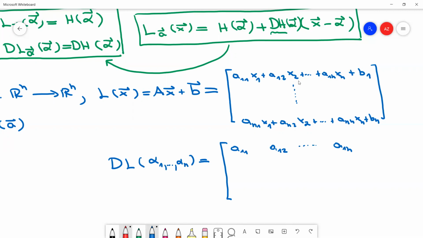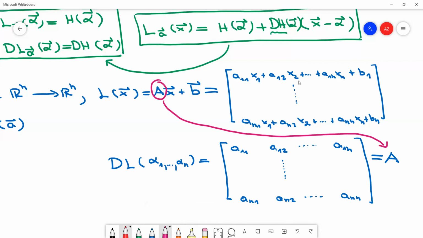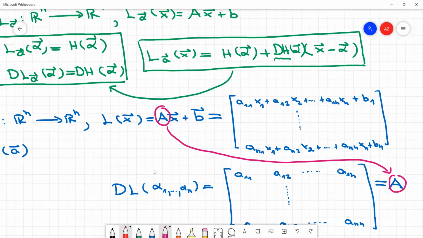You see the same pattern for all rows: an1 in the first column, an2 in the second column, and so on, ann in the last column. So the derivative of a linear function is exactly what we expect. It's this matrix A. And this is what I've used here.